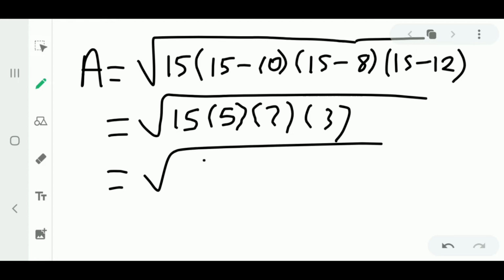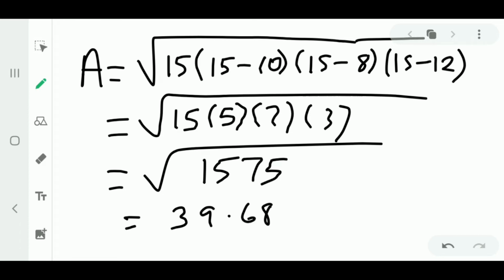And that gives us the square root of 1575, which is equal to 39.686 meters squared.